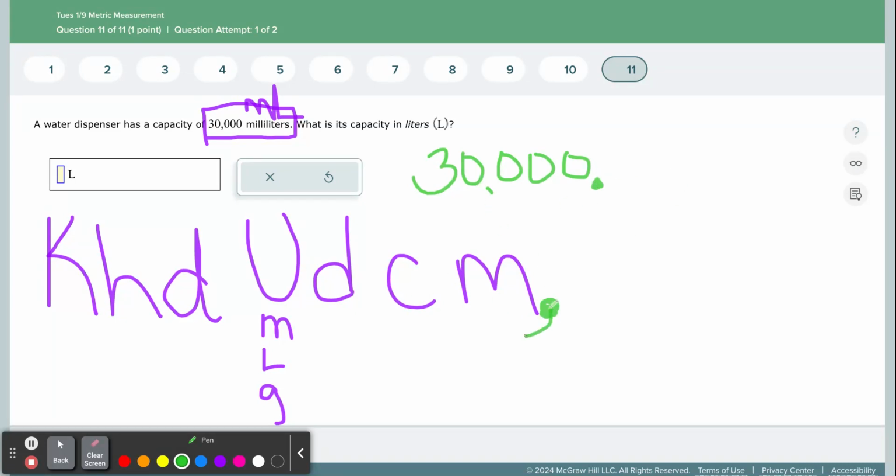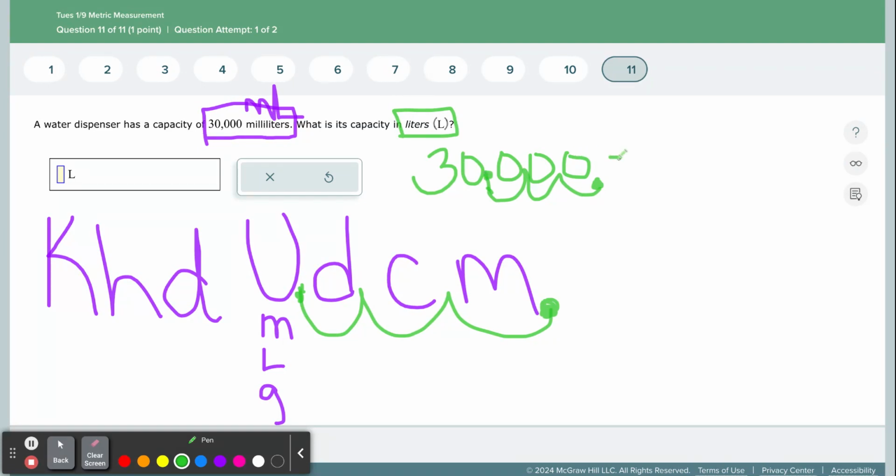So I need to go 1 hop in between, 2 hops in between, 3 hops in between. Now I am sitting to the right of liters. And that's what I want, right? I'm trying to convert to liters, and I always stop when I'm to the right of it. So that is 1 hop, 2 hops, 3 hops, and move it there.